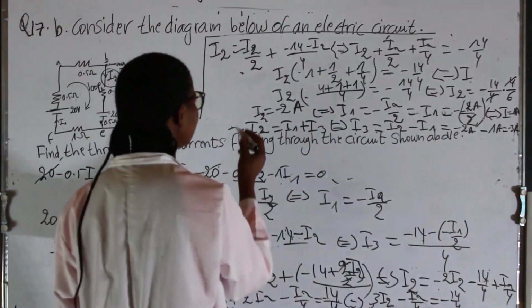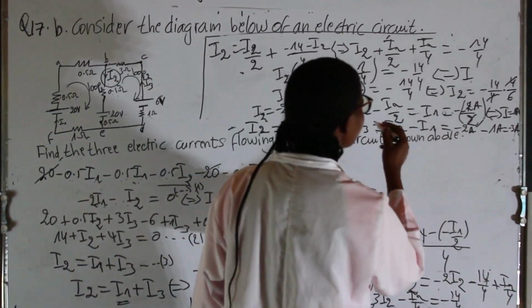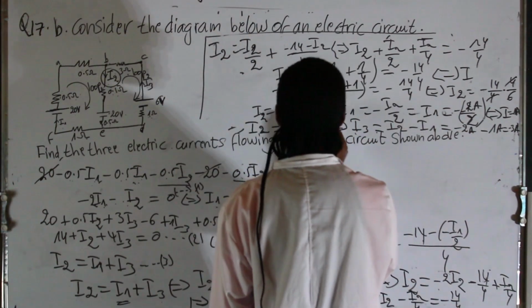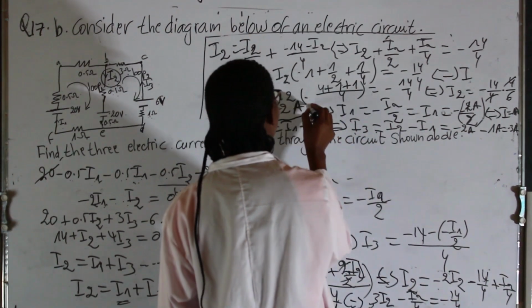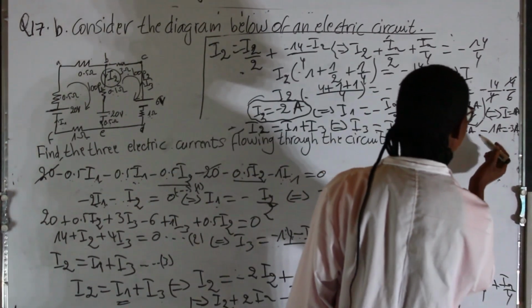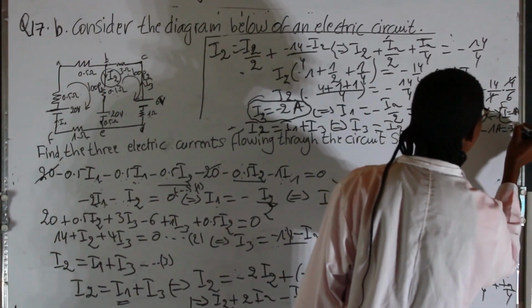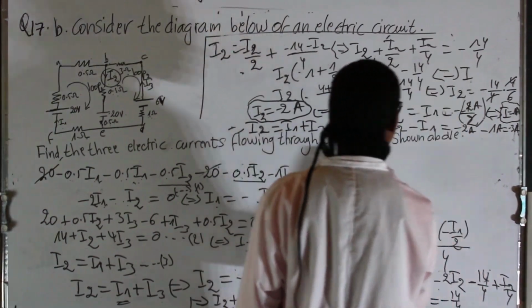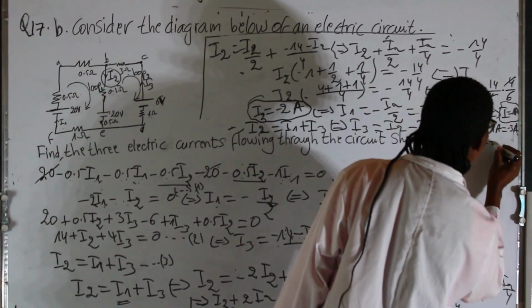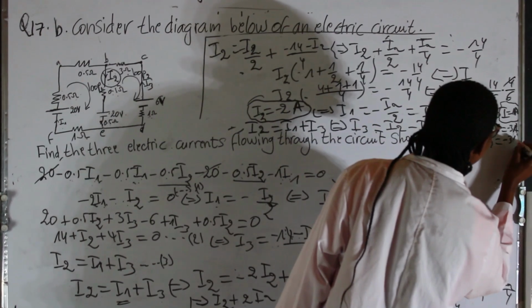As conclusion, the currents are: I2 is equal to minus 2 ampere, I1 is equal to 1 ampere, and I3 is equal to minus 3 ampere.